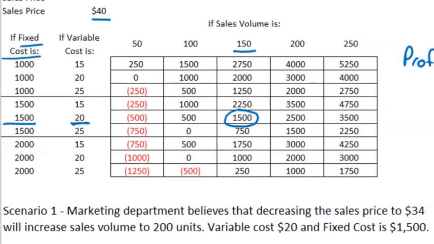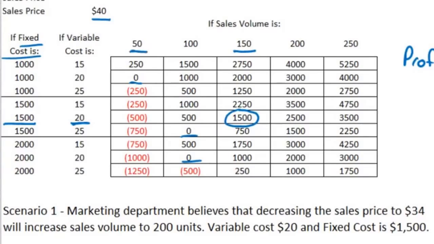The matrix right here shows us where we are profitable and where we are not. The zeros right here are break-even points. With different levels of sales volume and different fixed and variable cost structures, you'll see my break-even points change. The numbers in red over here are losses.